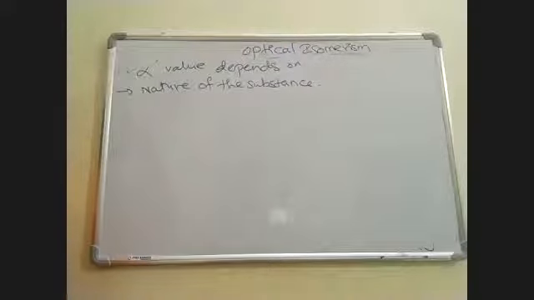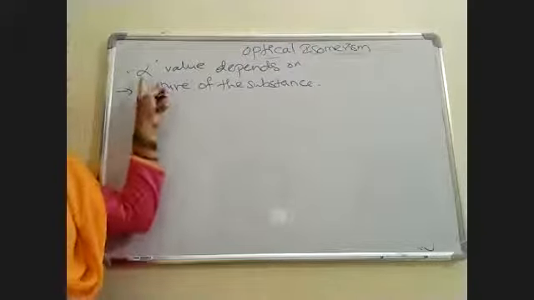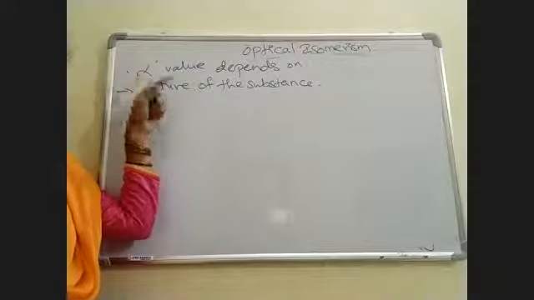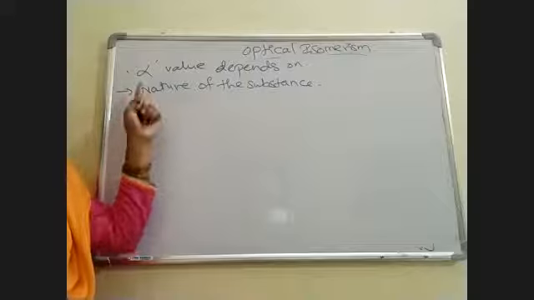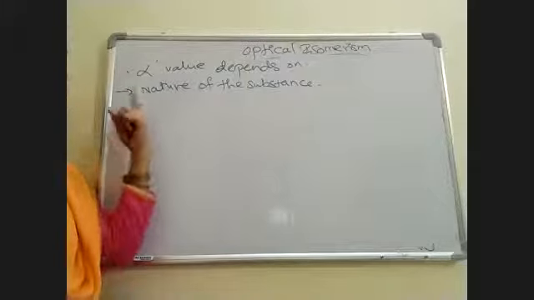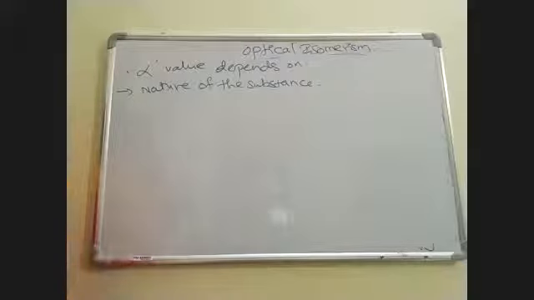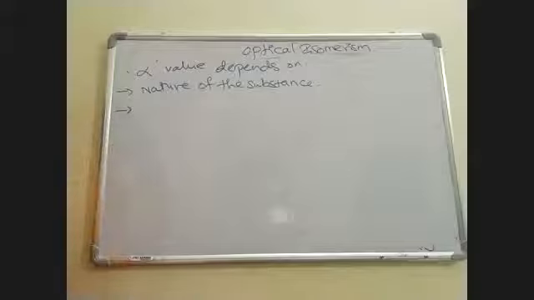That means in the sample tube, if you take lactic acid, it will interact with the light and may rotate the plane polarized light by some angle. And if you take tartaric acid, it may show a different alpha value. So it depends on the nature of the substance you have taken in the sample tube.